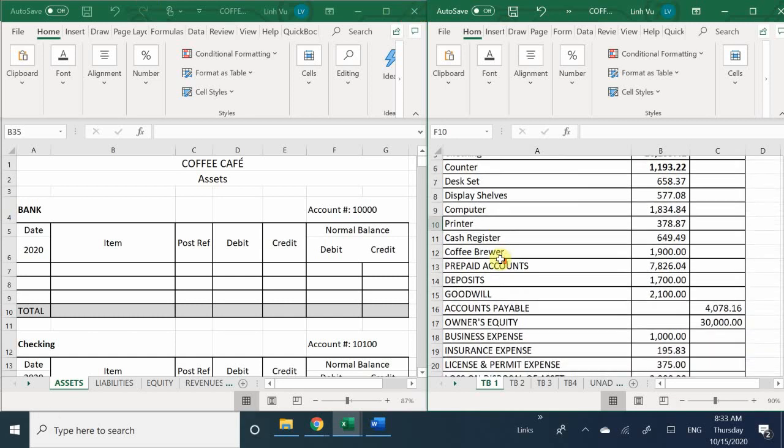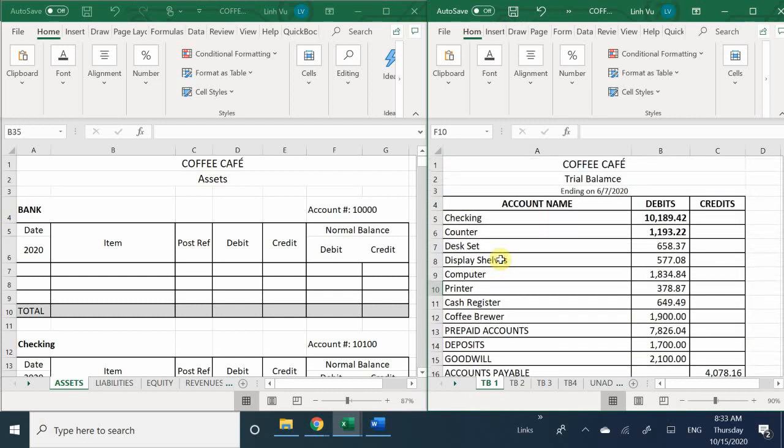But for today, I'm going to go over every single item again in the general ledger, and I'm going to rewrite all these accounts that are in here. I'm doing that because I'm showing you again how to complete a trial balance before you do it on your own.